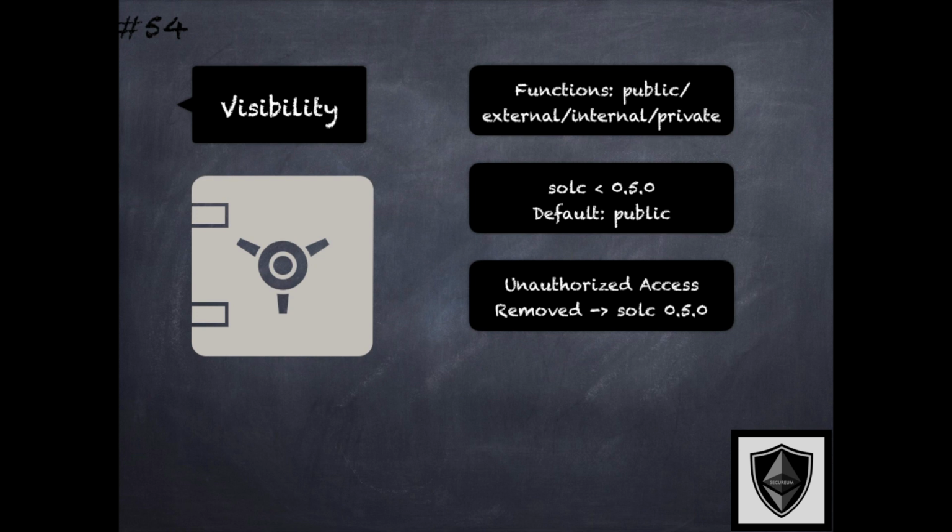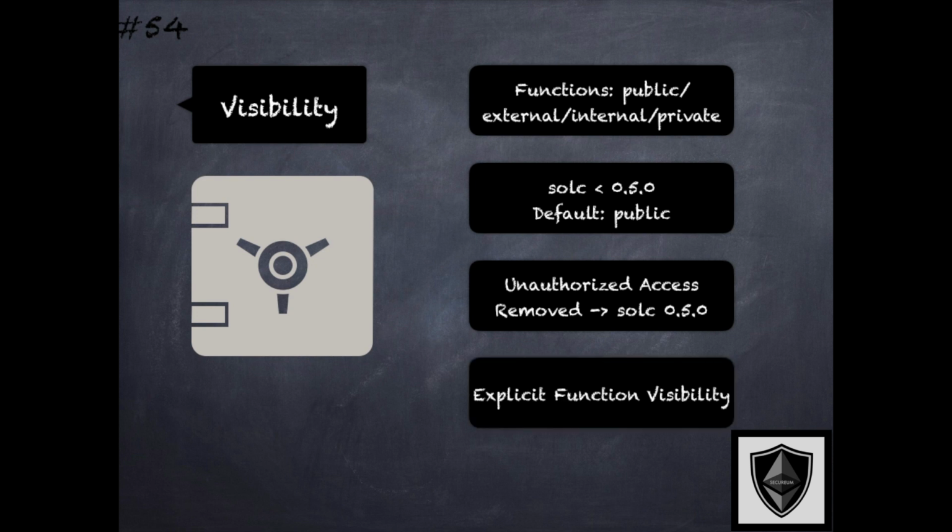So this optional specification of function visibility defaulting to public visibility was removed as of Solidity version 0.5.0. This was a big change when it came to increasing the security of smart contracts. And since that version, function visibility is required to be specified explicitly for every function.